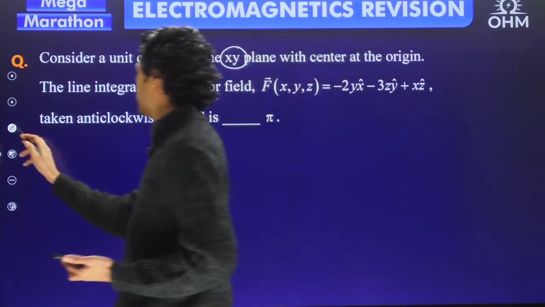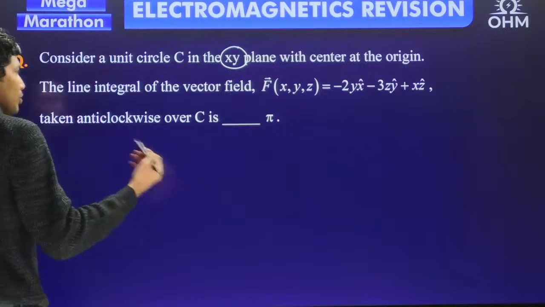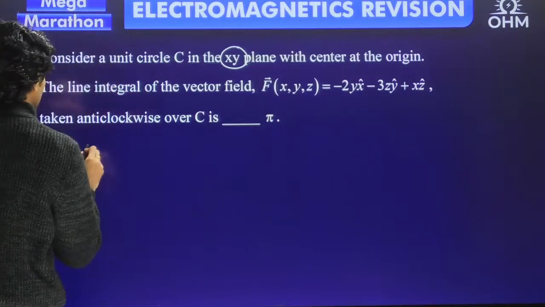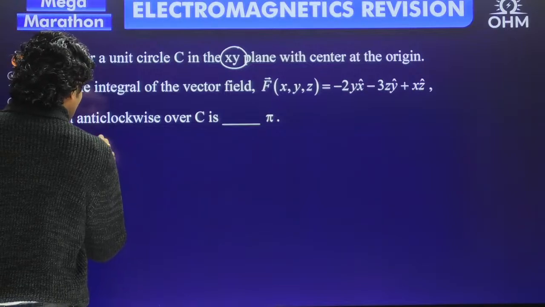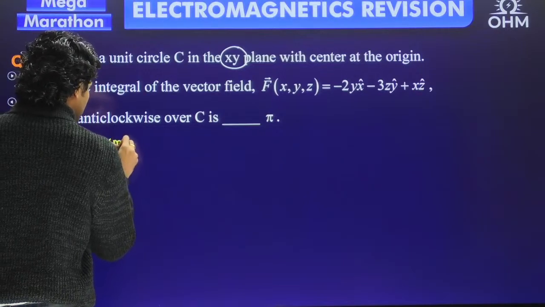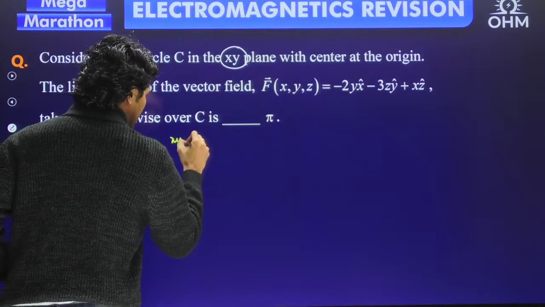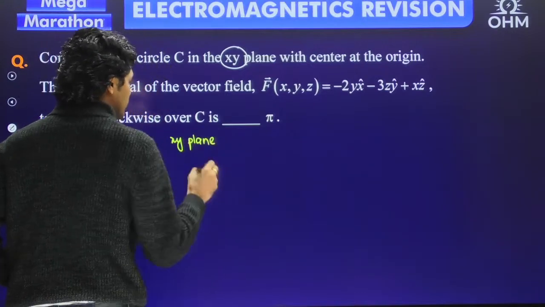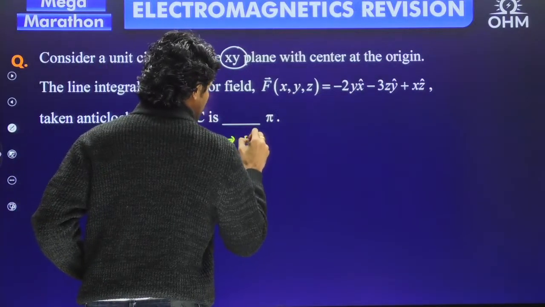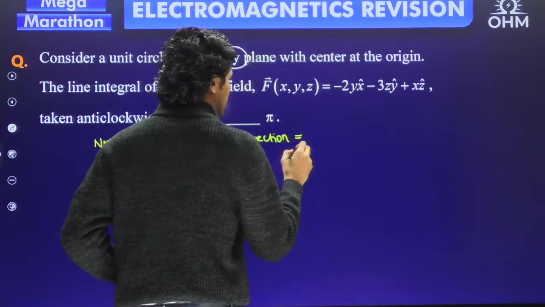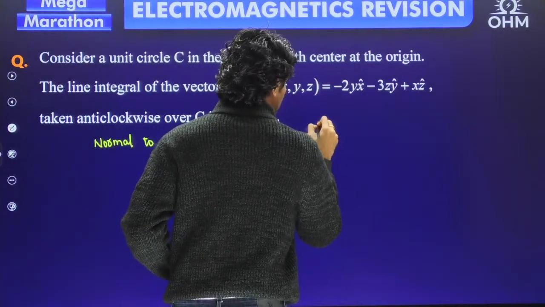Okay, so this is one golden rule that you can take, because most of the problems in line integrations will be mostly given in terms of xy plane. Okay, so normal to xy plane, we have direction equal to z cap.